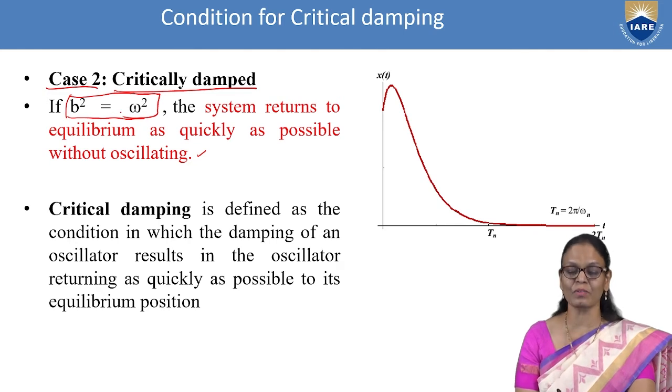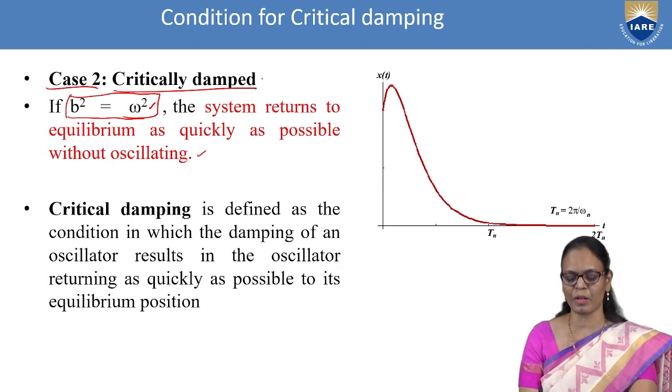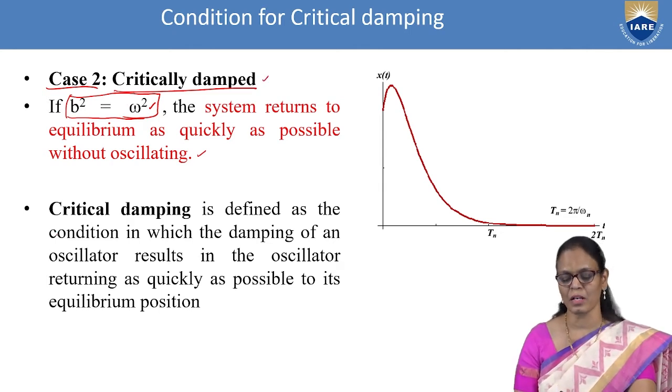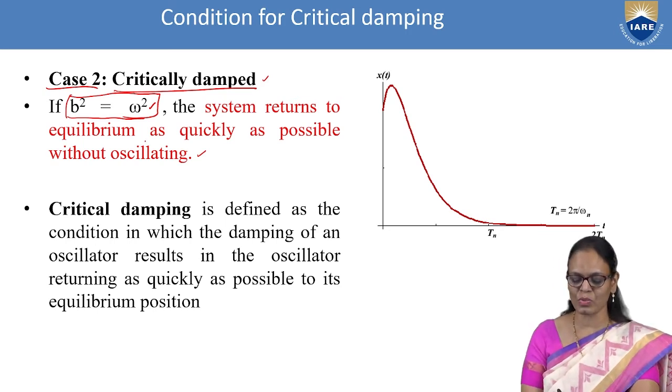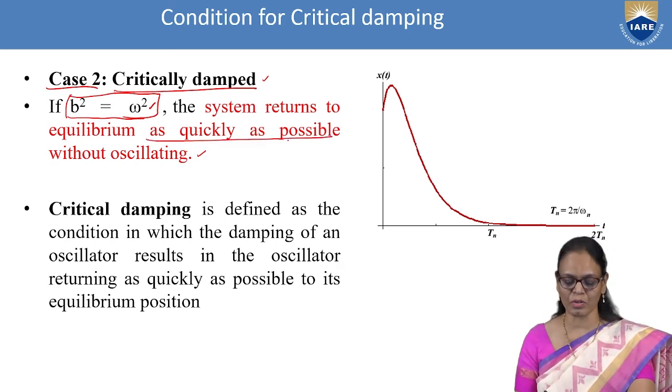If you can set the values of omega square, that is K by M, and B square, which is gamma square by 4M square, if you make them equal, then what happens? There will be critical damping, means the system will return to its equilibrium position as quickly as possible without oscillating.